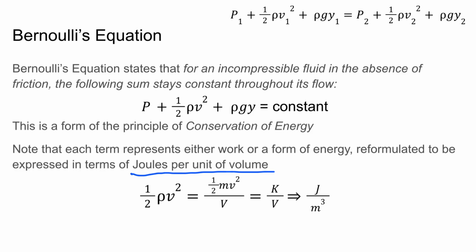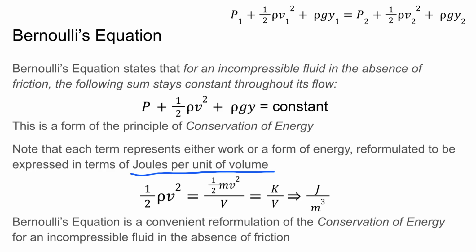And so in the end, they are all in joules per unit volume, or often joules per meters cubed. This is just a convenient reformulation of the conservation of energy for an incompressible fluid in the absence of friction, right? So just a fluid that is behaving like a quote unquote ideal fluid. It should follow this equation, and this is essentially the conservation of energy for that type of fluid.